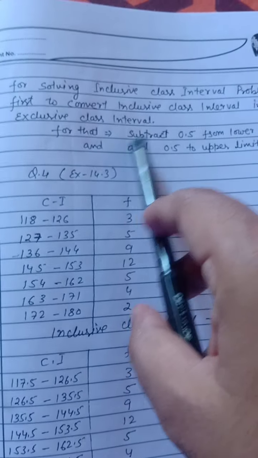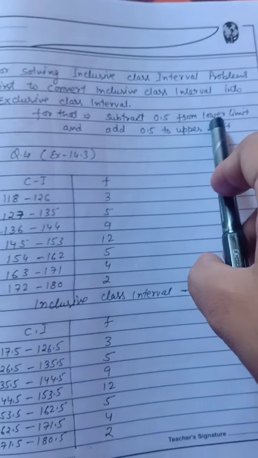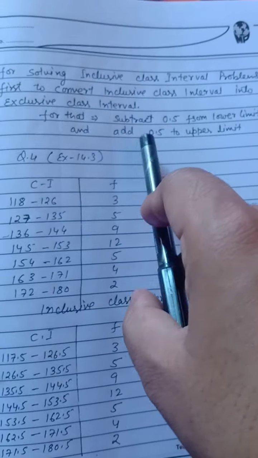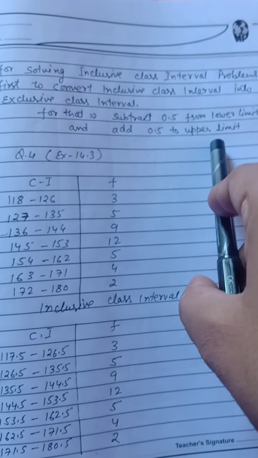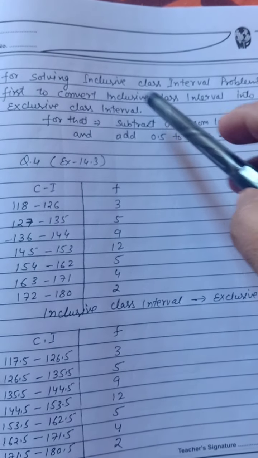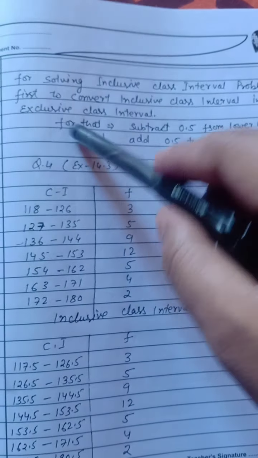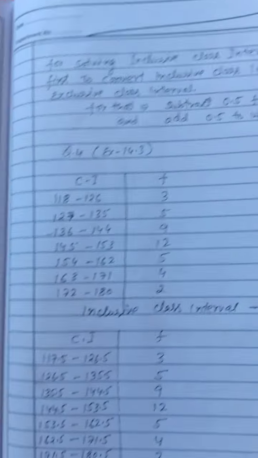For that we have to subtract 0.5 from the lower limit and add 0.5 to the upper limit. So the whole inclusive class interval will be converted into the exclusive class interval. Now let us take an example.